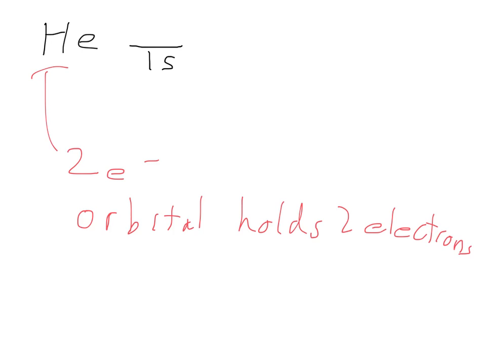So now we want to draw arrows to represent our electrons. When we draw the arrow for an electron as either up or down, we're representing what's known as the electron's spin.